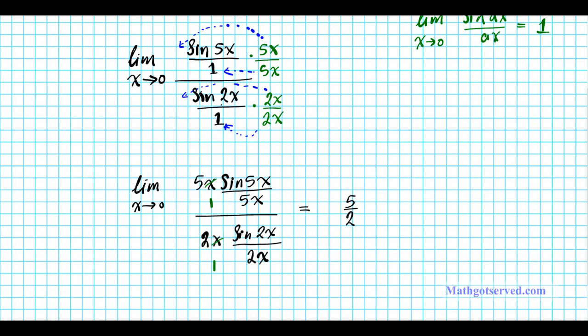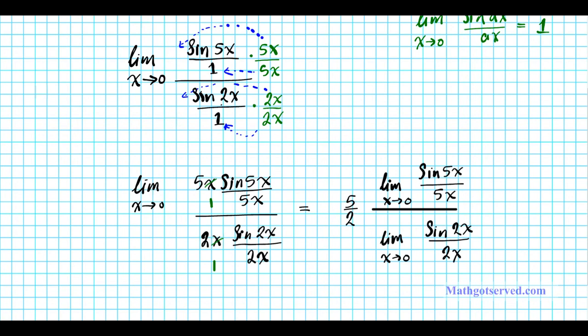So 5 over 2 times the limit as x approaches 0 of sine 5x over 5x, divided by the limit as x approaches 0 of sine 2x divided by 2x.